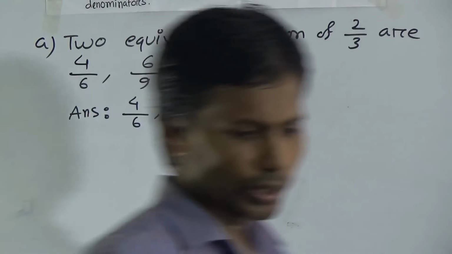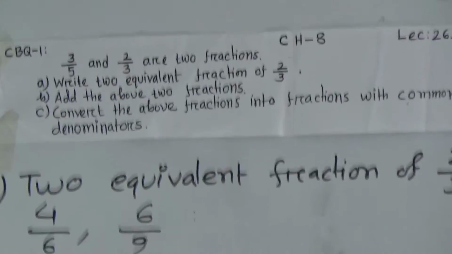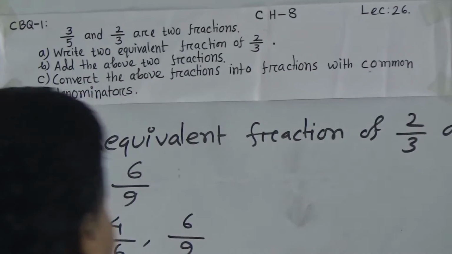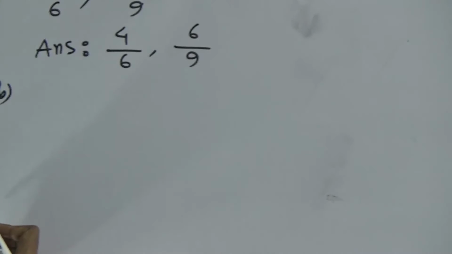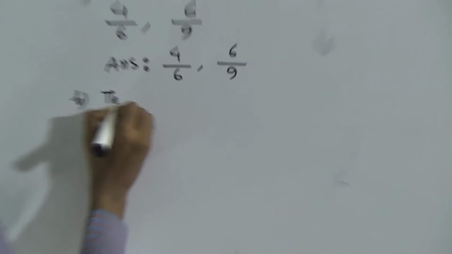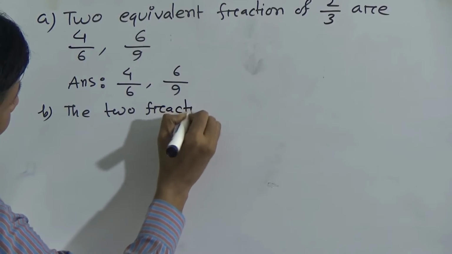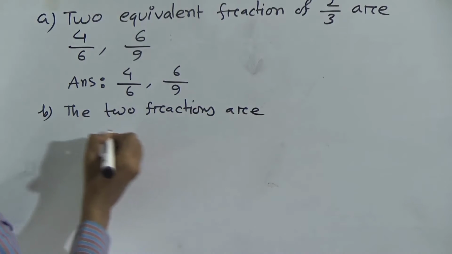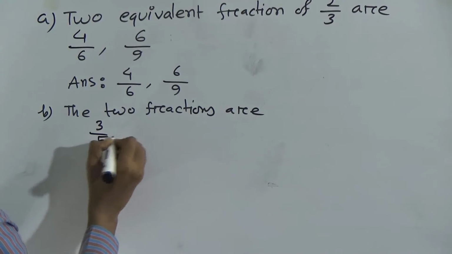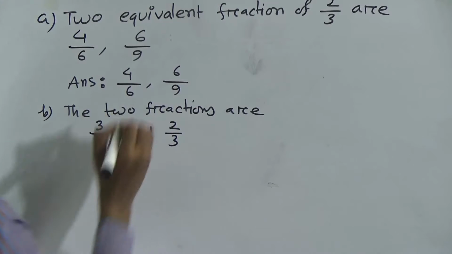Dear student, now you see the question number B. You have to add the two fractions. Right, B number. The two fractions are 3 by 5 and 2 by 3.